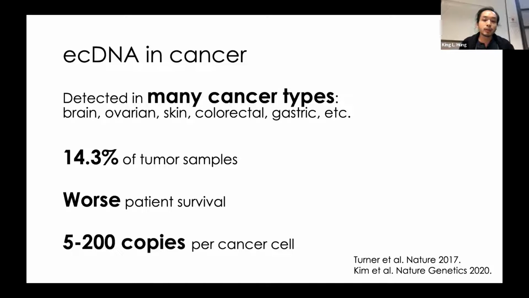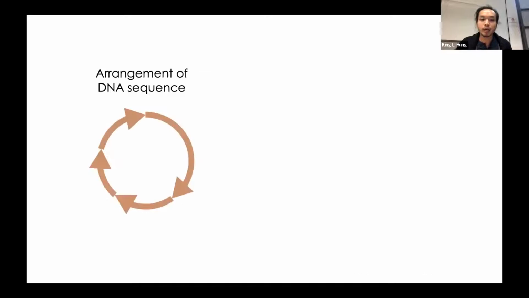When you look at individual cancer cells, you see somewhere between 5 and 200 copies of ecDNA per cancer cell. So not only do you see high levels of copy number amplification, there's also a high level of copy number variability between cells. All of these observations suggest that ecDNA is pretty common in cancer, and there might be some behaviors that are different from chromosomal DNA.